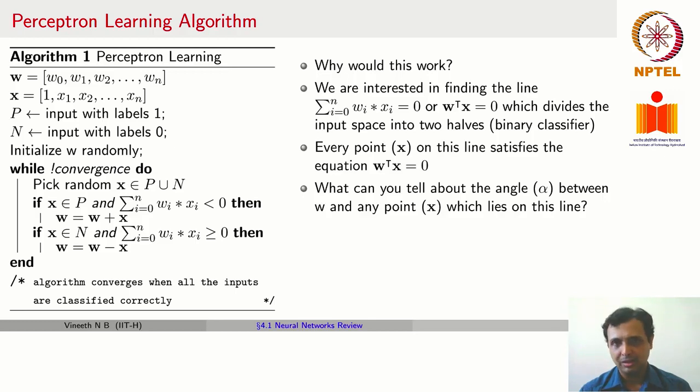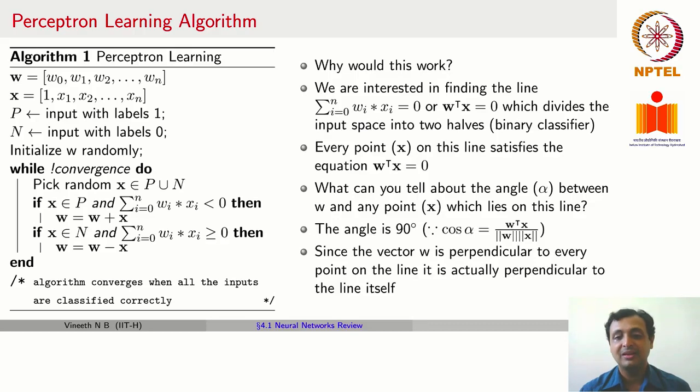Now, what can you tell about the angle between w and any point x which lies on that line? This comes from geometry. The angle will always be 90 degrees.